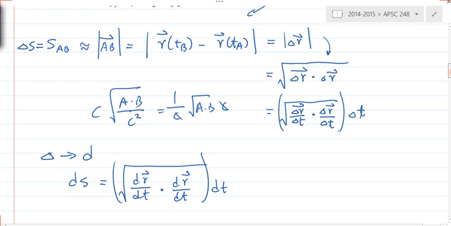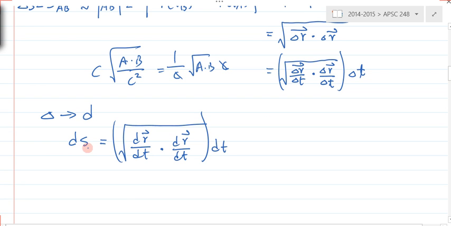Now, back to the arc length. Remember what ds represents: the arc length of an infinitesimally small piece. But what you need is the arc length for the total curve.